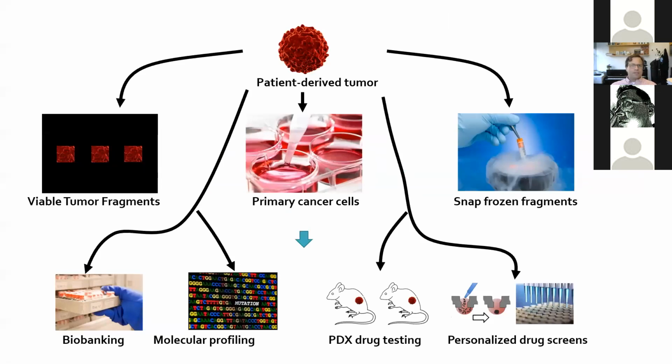So from a single patient-derived tumor, we have the potential to generate a variety of different types of samples, including viable tumor fragments, primary cancer cell lines, snap frozen tissue fragments, organoids, which I forgot to put on here, and biobanking. We bank those and potentially have the ability to do molecular profiling, and ultimately the goal would be to get to the stage where we can do personalized drug screens.